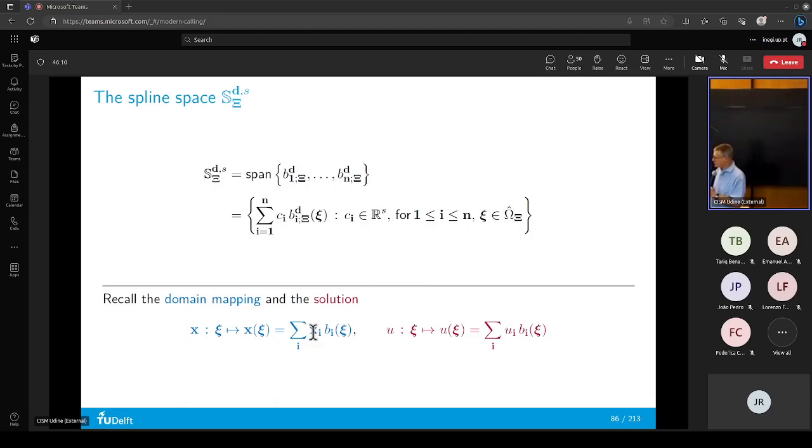Here the coefficients were some coordinates in the XYZ space. Here they are the solution values, be it the density of a Navier-Stokes solver, be it the velocity of the Navier-Stokes equations. So basically what we wanted to achieve, we can perfectly achieve with the spline space.